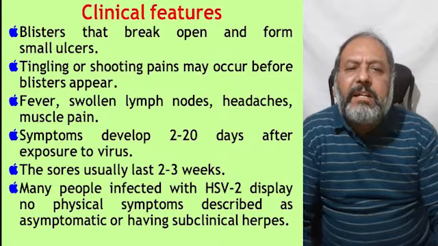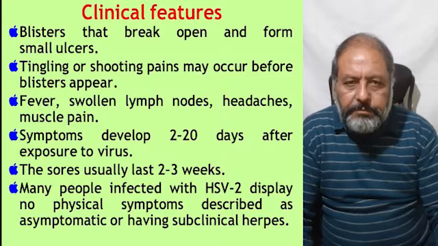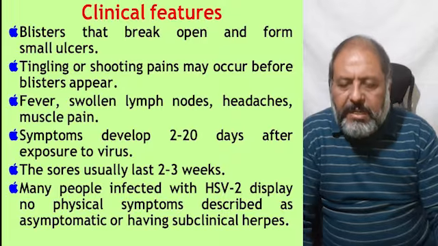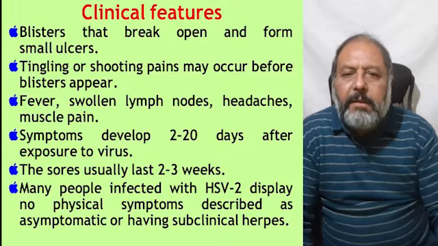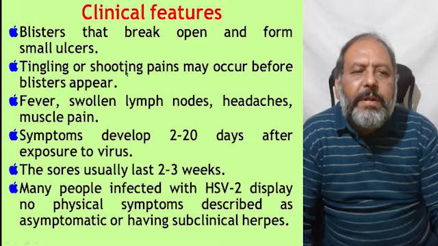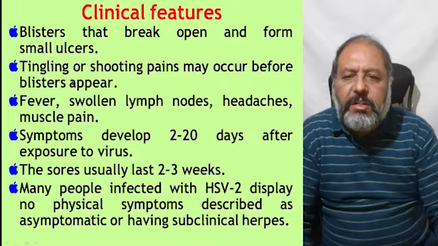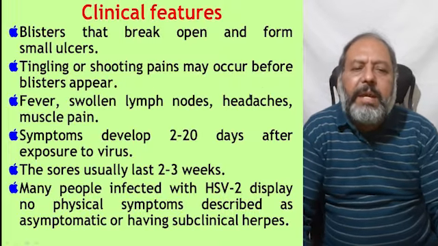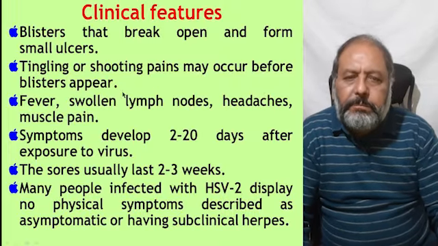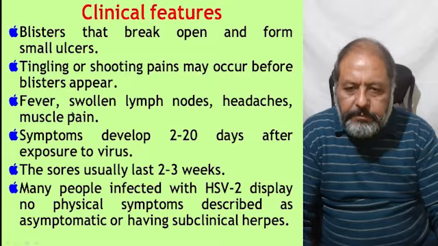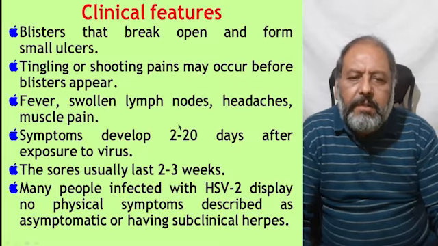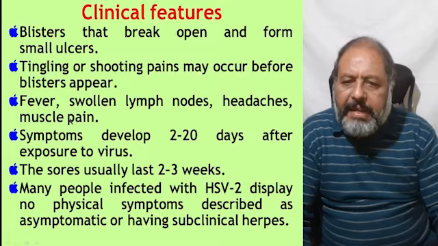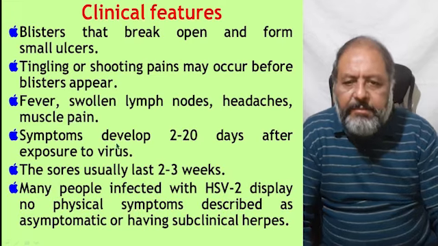Now, the clinical features of the infection are blisters that break open and form small ulcers. Tingling or shooting pain may occur before the blister appears. There is fever, swollen lymph nodes, headache, and muscle pains.